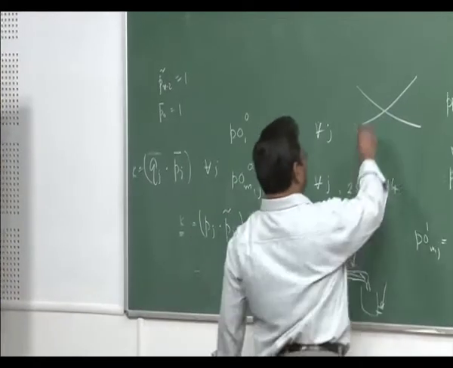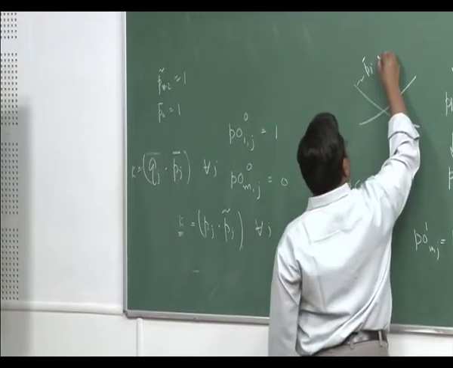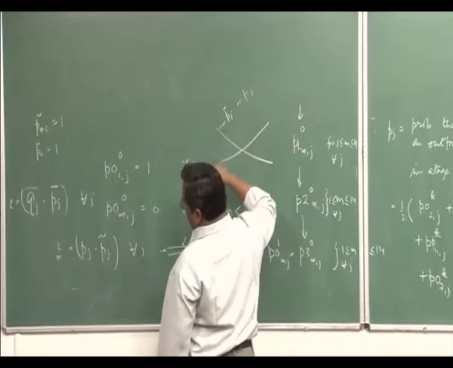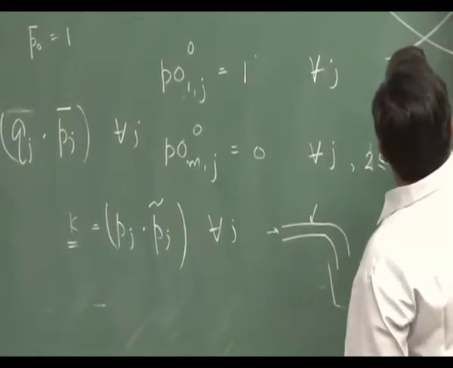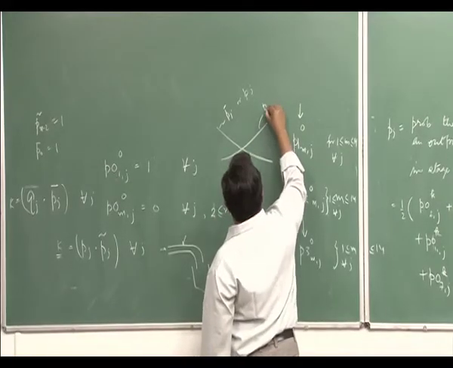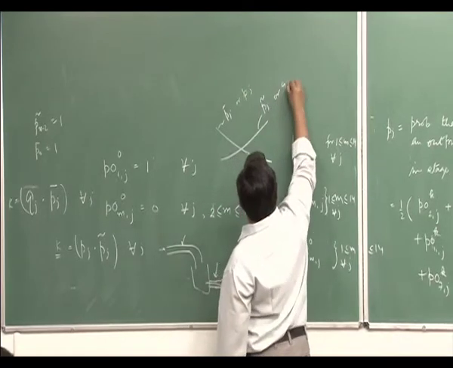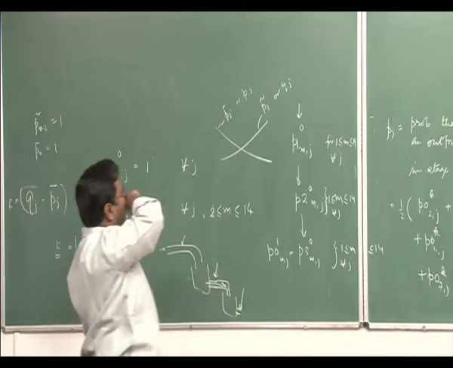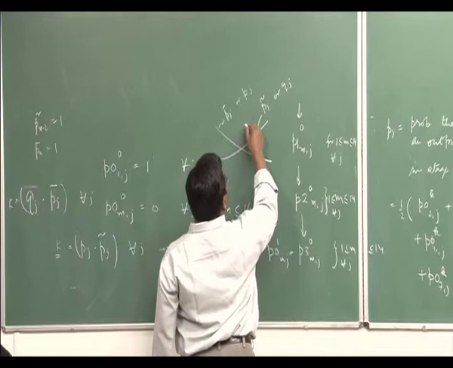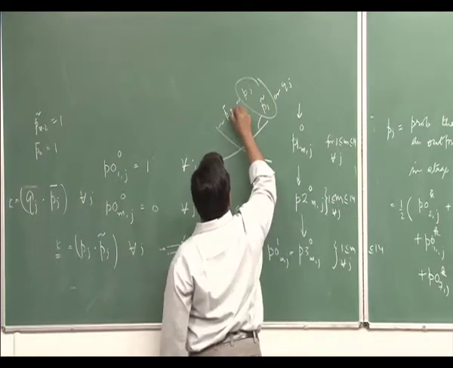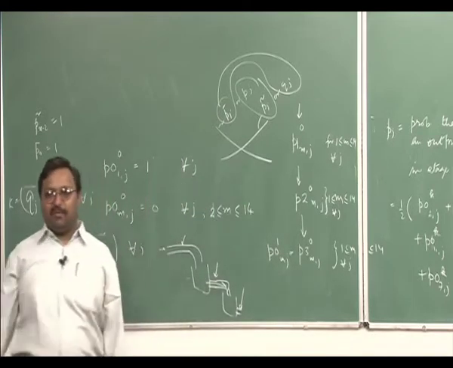So I can write it here: PJ on this side is nothing but PJ tilde, it is a pairing basically. So you either take this as a pair or you take this as a pair. Under stable conditions, their products will become constant.